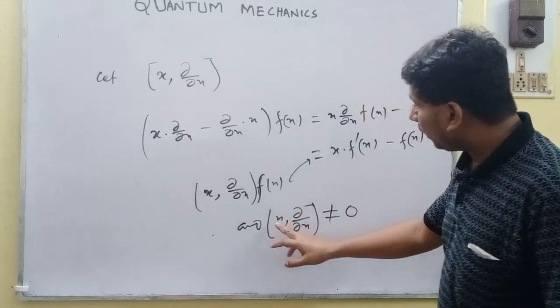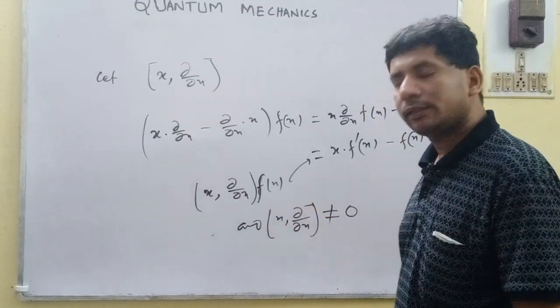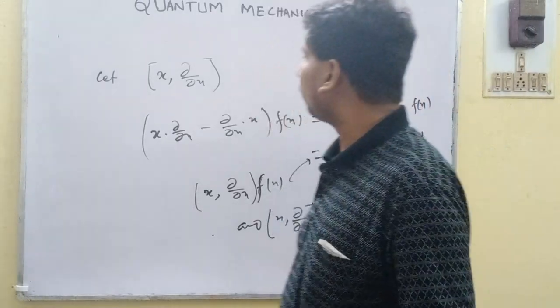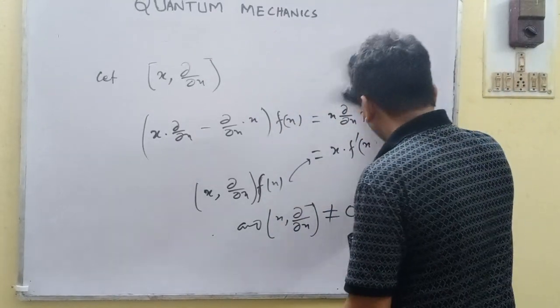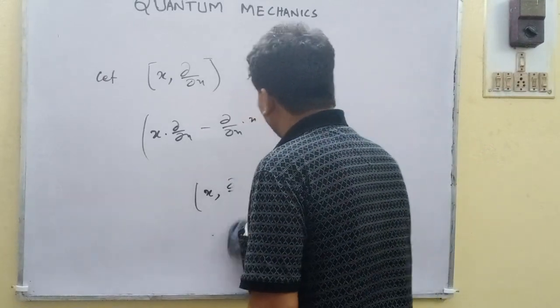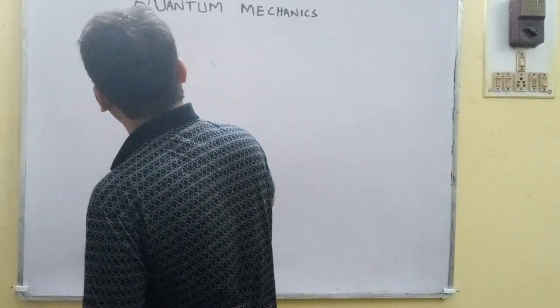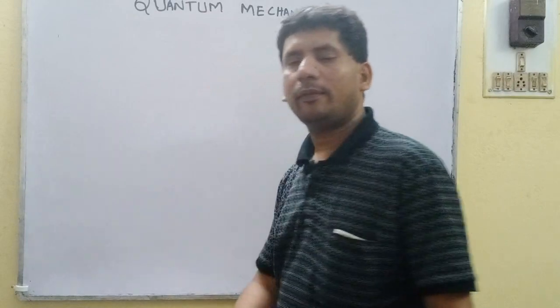Hence we can say x and del x is not a commutative operator, or they do not commute with each other. And we can take another example, no problem.